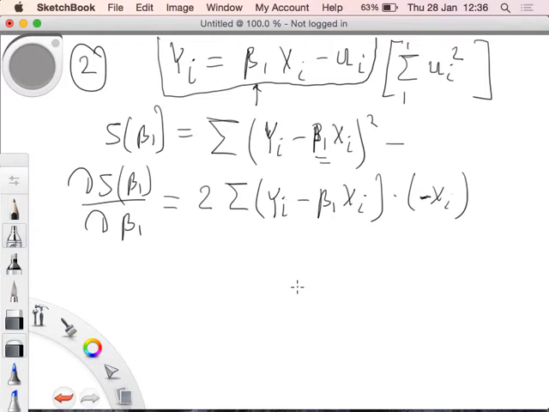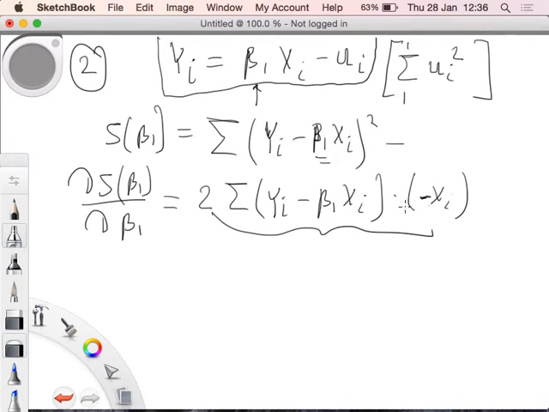Yeah, chain rule. And if you equate this equation to 0, you'll be able to find the beta 1 that minimizes this function.